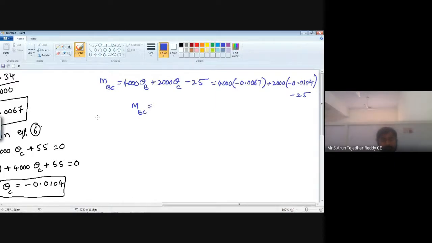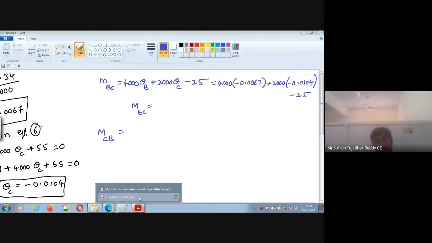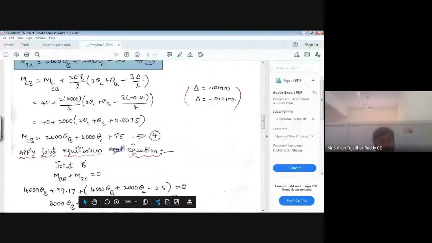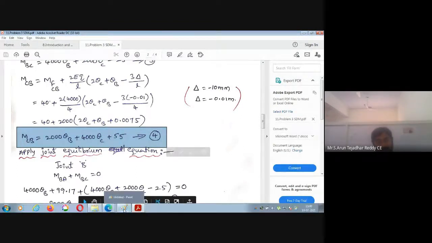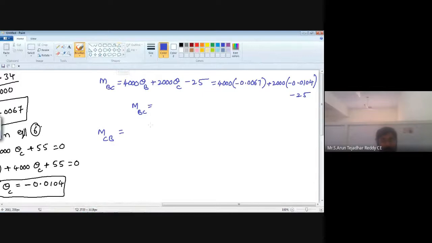Now, what is the value of MBC? Once you calculate this value, next, what is the final equation? That is the fourth equation, MCB: 2000 theta B plus 4000 theta C plus 55. Write down clearly.